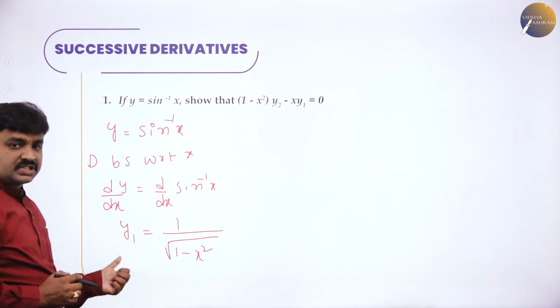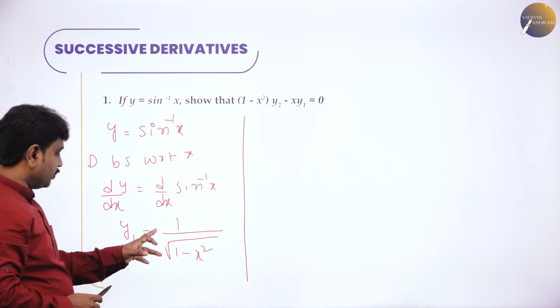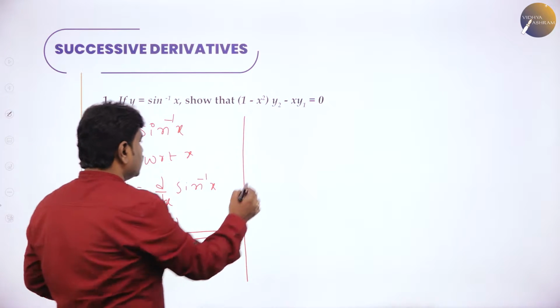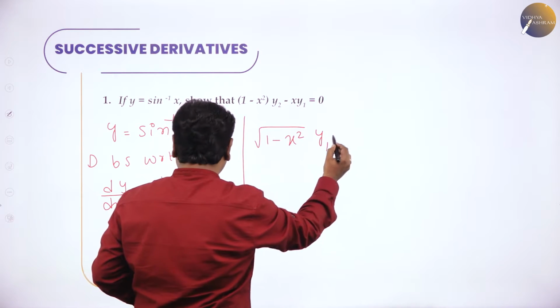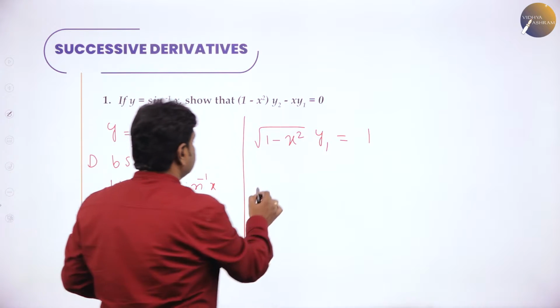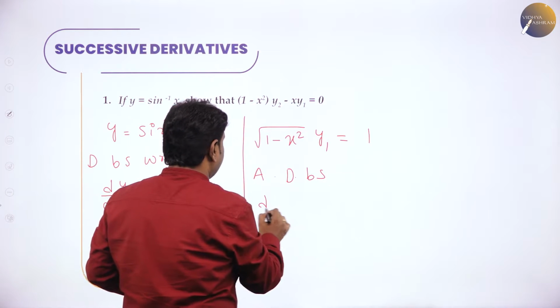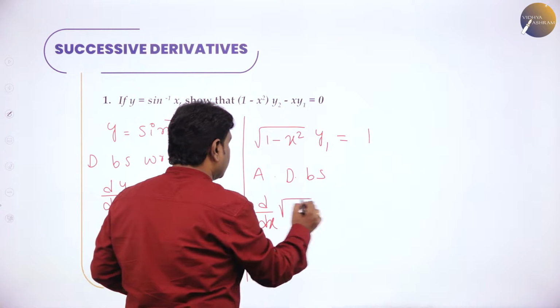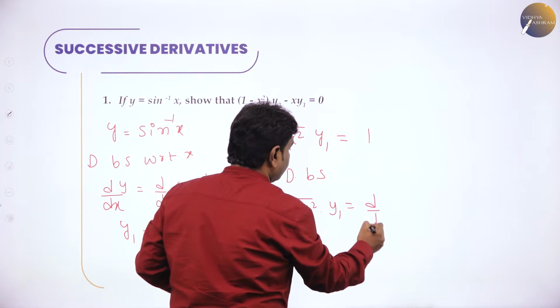Now rearrange this. I told you already, after you get this, rearrange. Bring this denominator to the LHS. So it becomes root of 1 minus x square into y1 is equal to 1. Again differentiate both sides. So you'll have d by dx of root of 1 minus x square into y1 is equal to d by dx of 1.